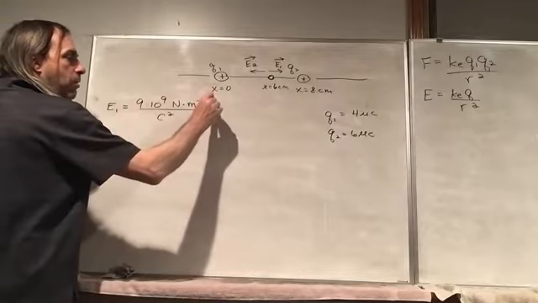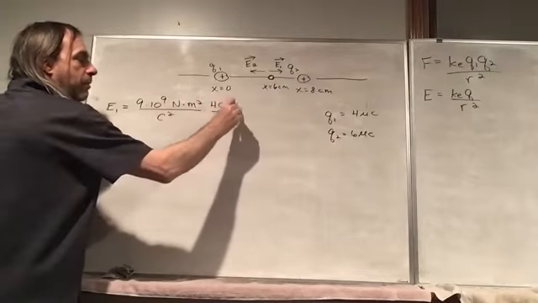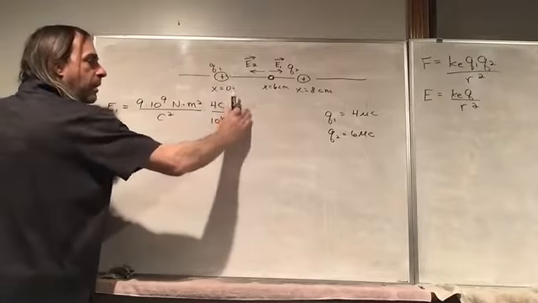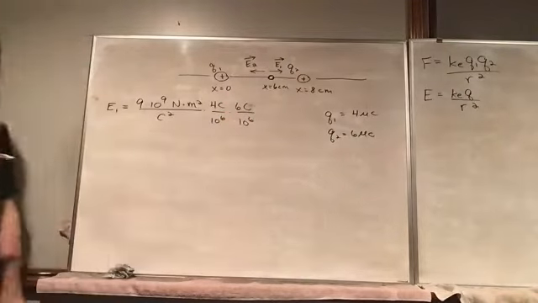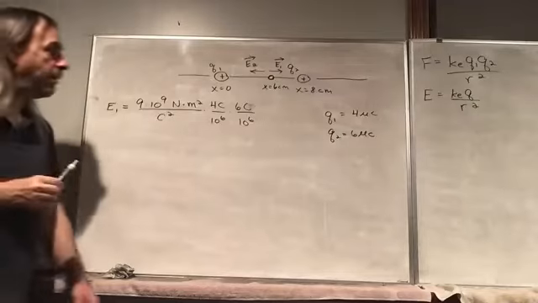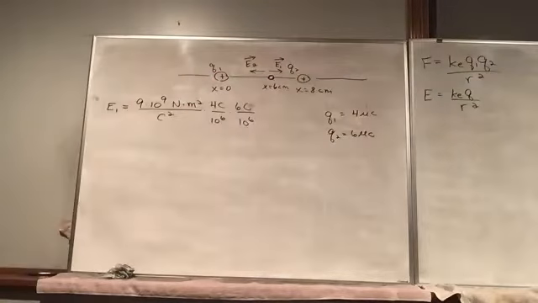Q1 is 4 microcoulombs. Q2 is 6 microcoulombs. And again, it's very important when you're doing these that, in this case, both charges are positive.